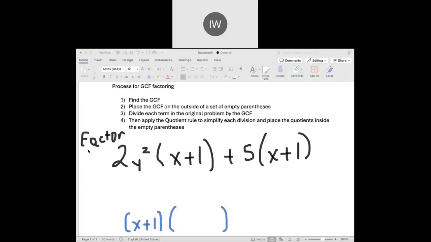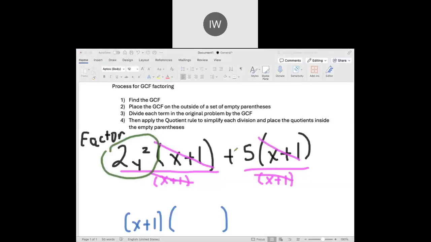We could divide this by x plus 1, put it in parentheses. There's nothing wrong with it. But it's a wasted step, because then that thing cancels with that thing. What you're left with is just the stuff in front. That's the result of all the canceling.